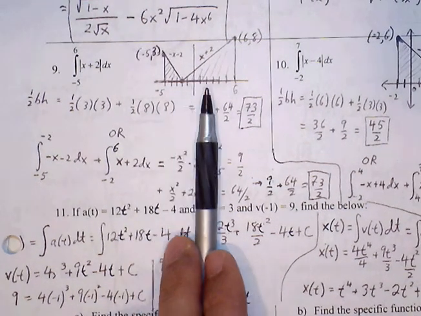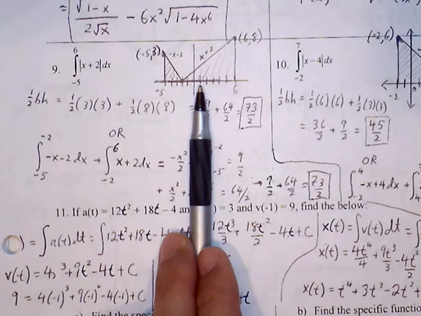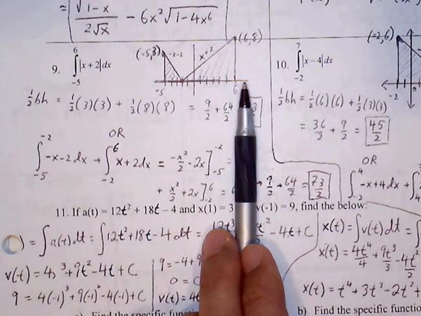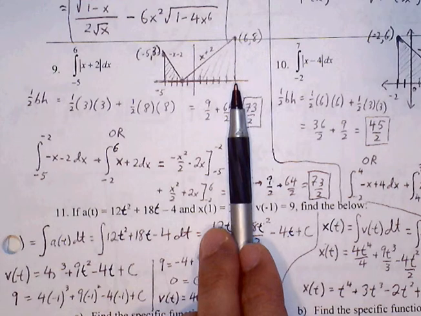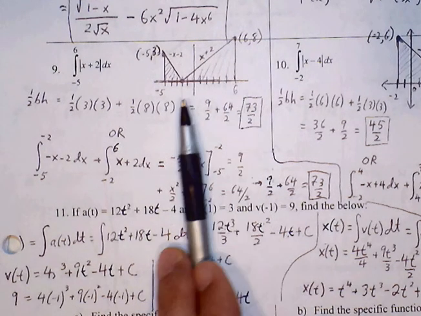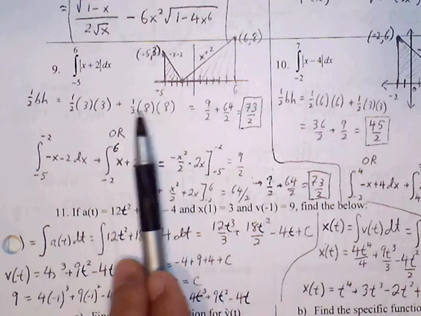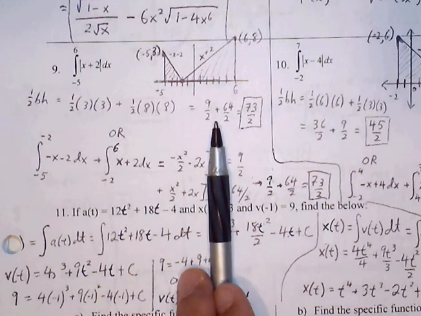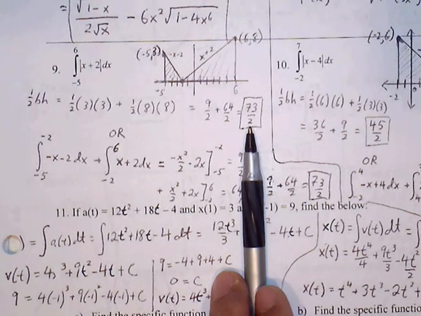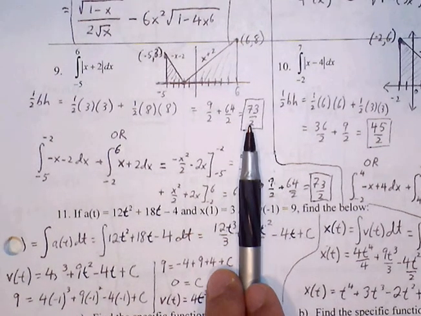For my second triangle, 1/2 base, base is 8. You can count across and see the base will be 8 units across, and the height will be 8. So 1/2 base times height. We add those two together, we get 9/2 plus 64 over 2, which gives us 73 over 2. Okay, so this is a solution.